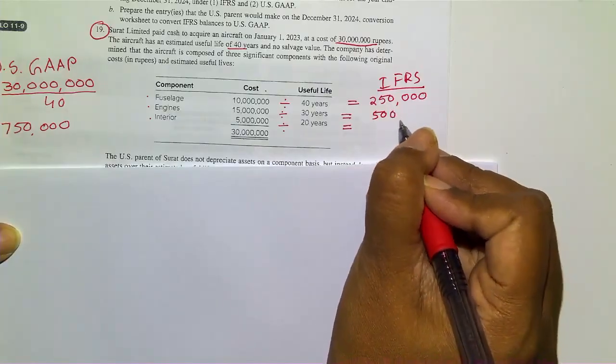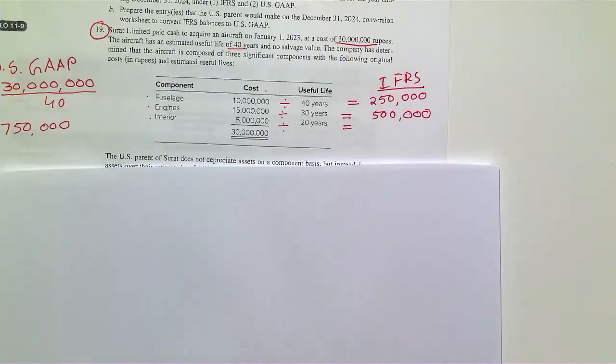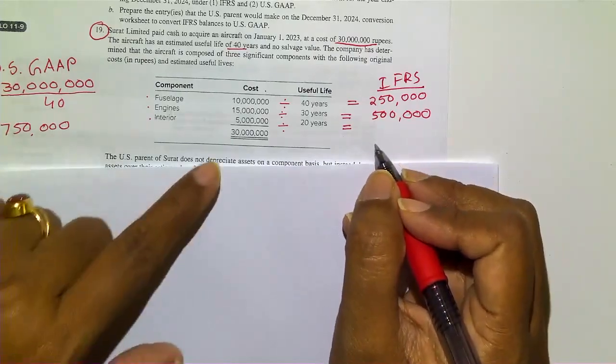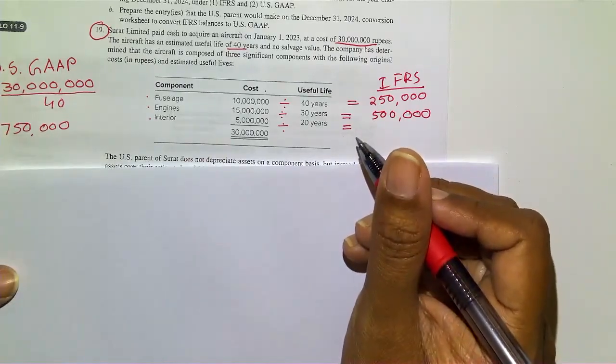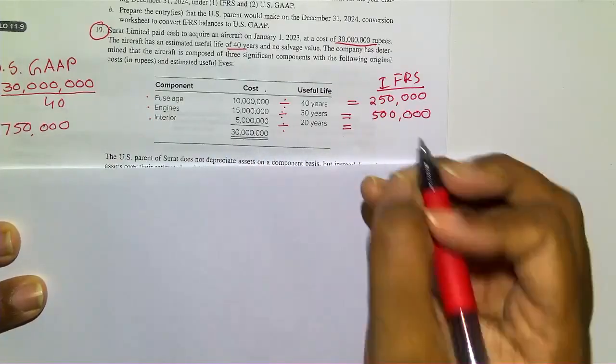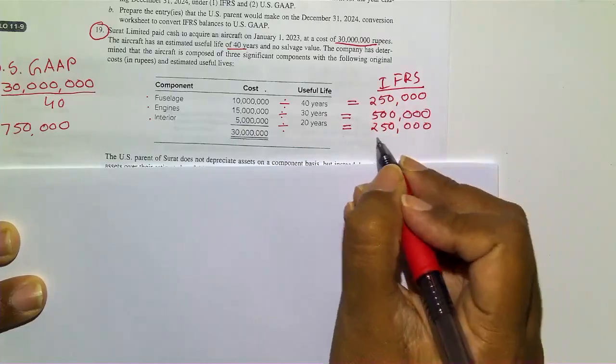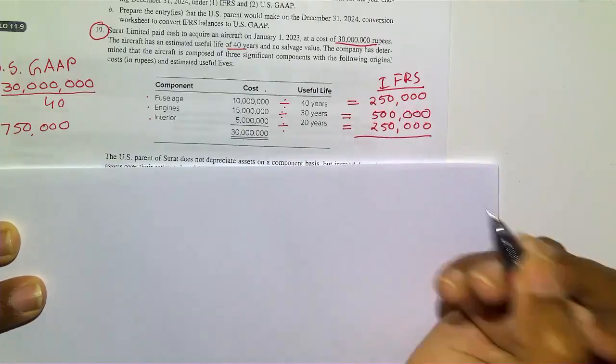Okay. How about interior? Who can do it? Might use your calculator or phone. You did it? Yeah. Okay, interior, what's the 250,000. 250,000? Everyone please do it. Mario and Steve. 5 million divided by 20 years, 250. So if you add all these three components depreciation, what's your total depreciation?